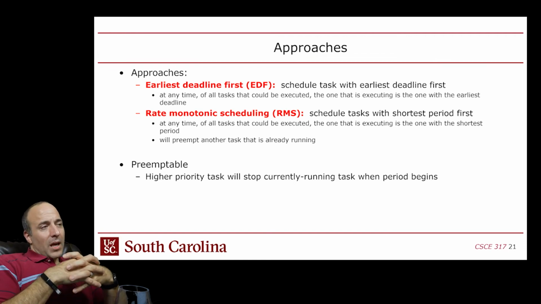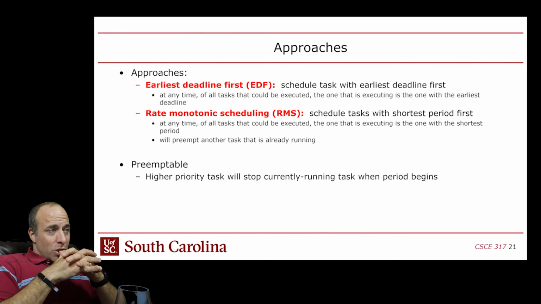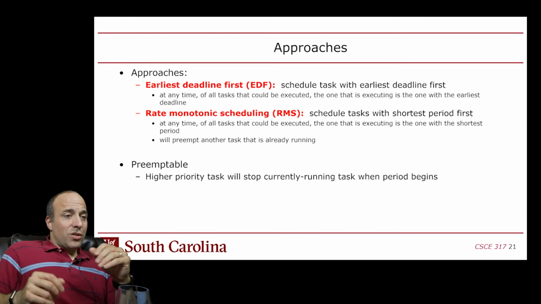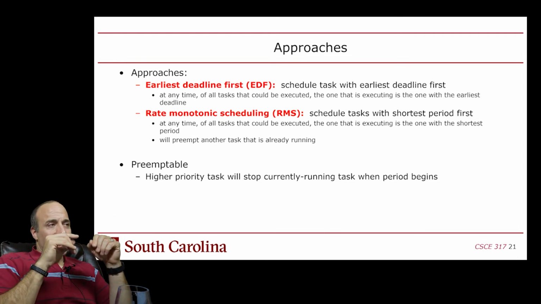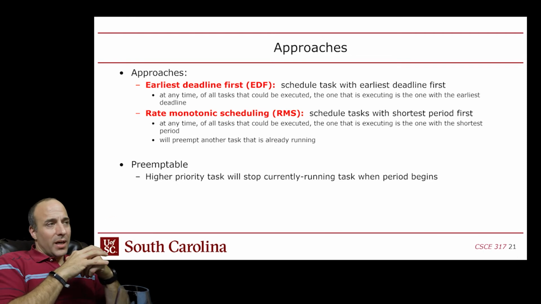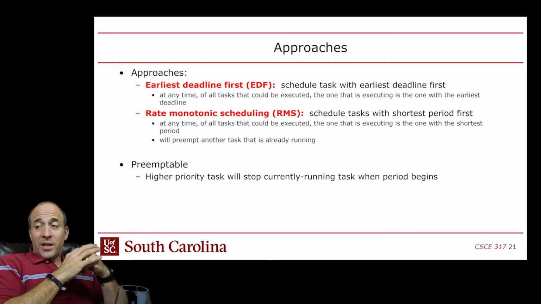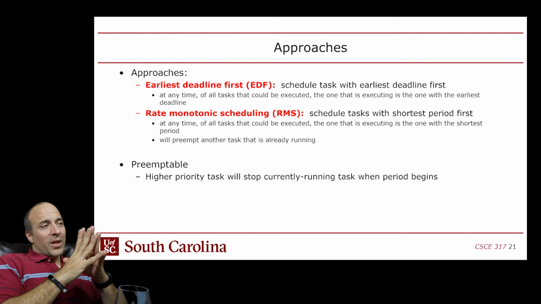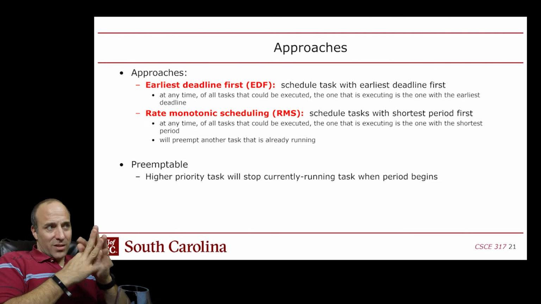Both of these schemes make a decision on which task should be running at any time. That decision is made under two circumstances. One, at the beginning of a period of any task, and also whenever any task finishes executing.